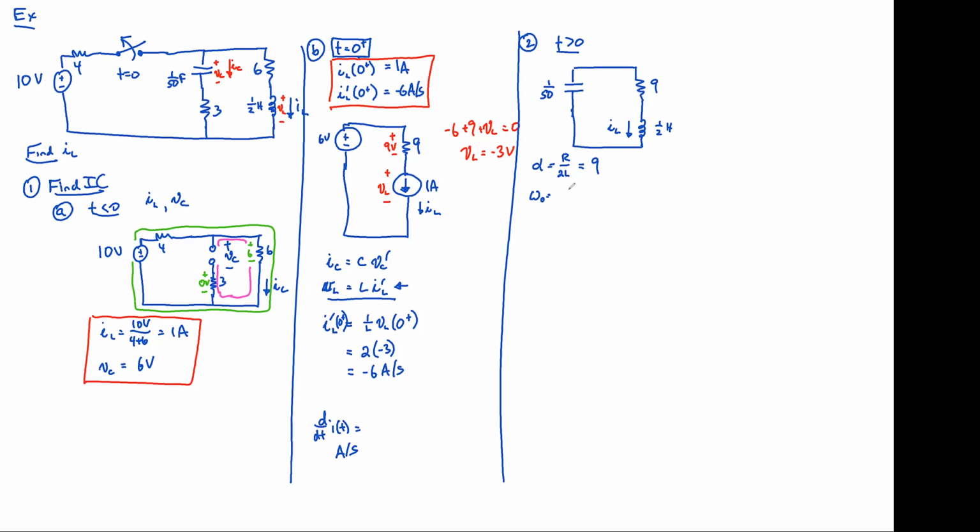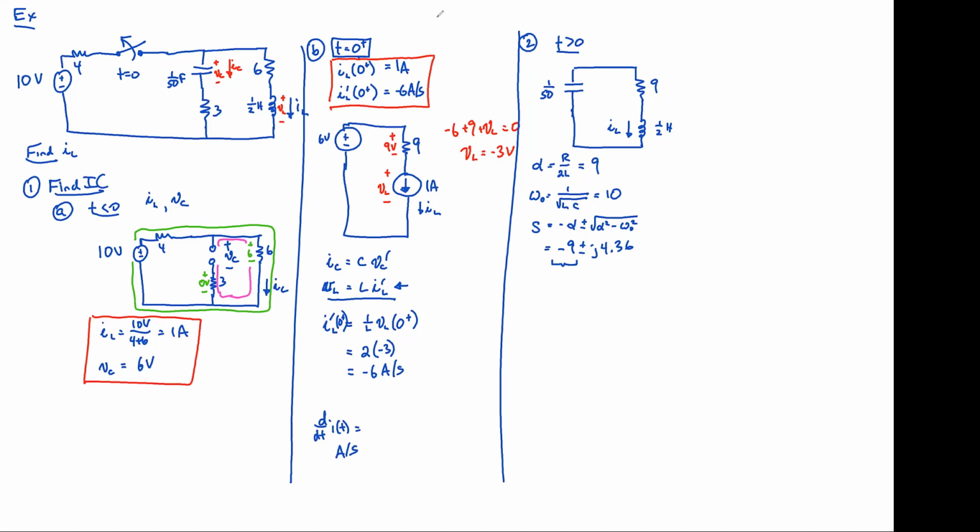And omega naught is, regardless of series or parallel, always equal to 1 over the square root of LC, which for this circuit is 10. And S is always equal to minus alpha plus or minus the square root of alpha squared minus omega naught squared, which here is equal to minus 9 plus or minus j 4.36.